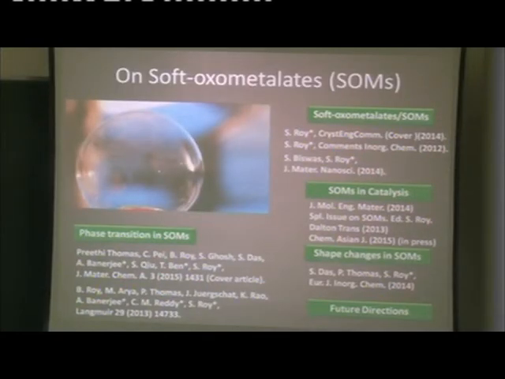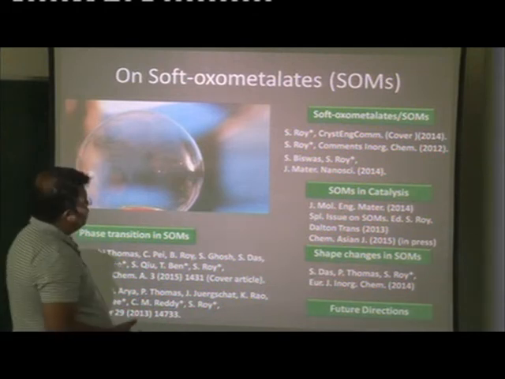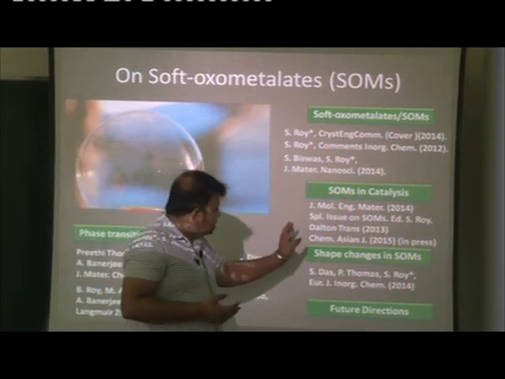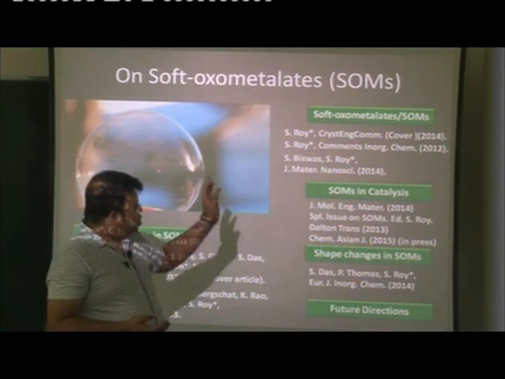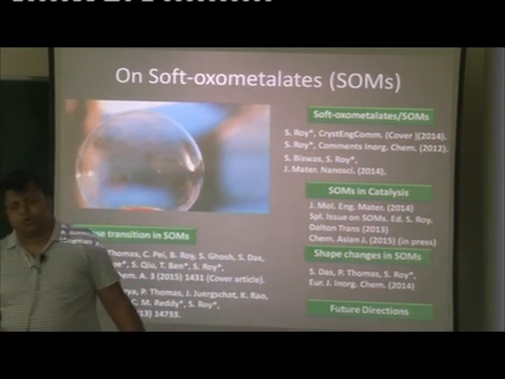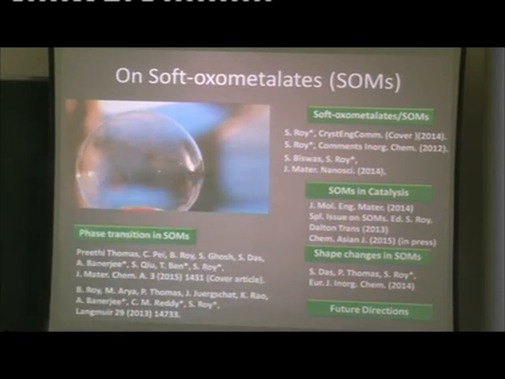What I have shown you is what we mean by soft oxometalates, what these are. We have talked about soft oxometalates in catalysis. We have talked about shape changes in soft oxometalates. We have talked about phase transitions in soft oxometalates.